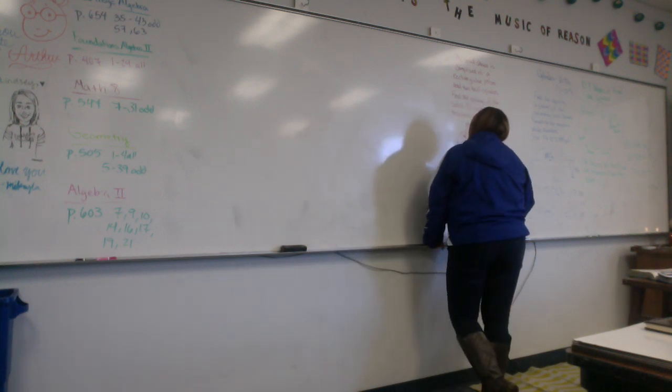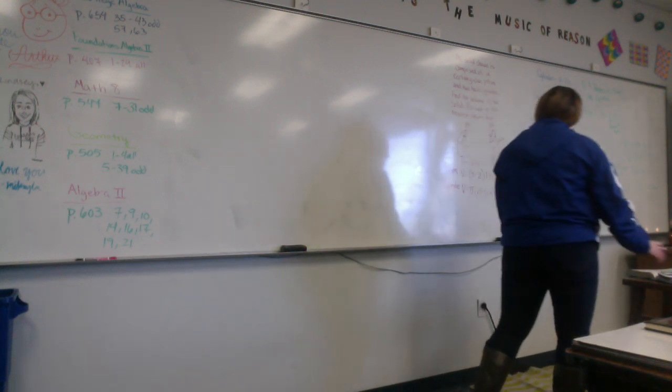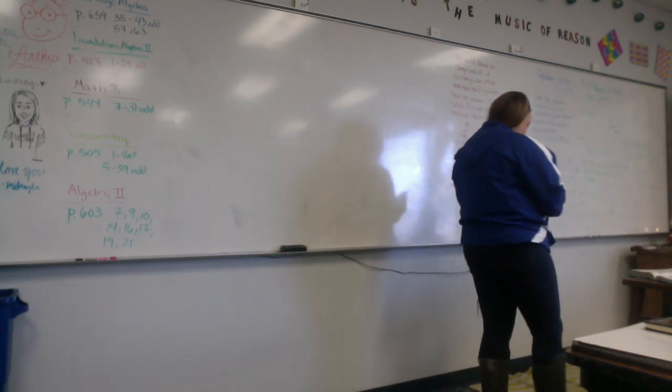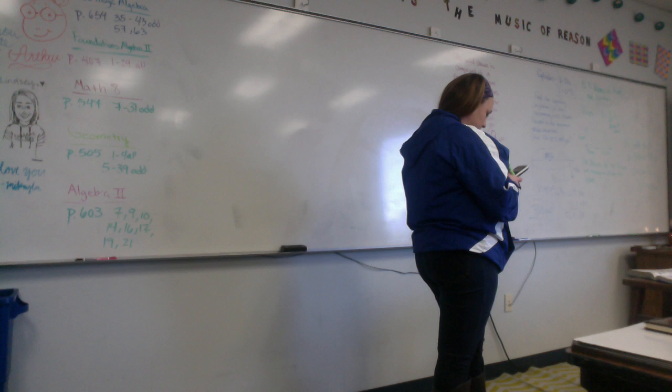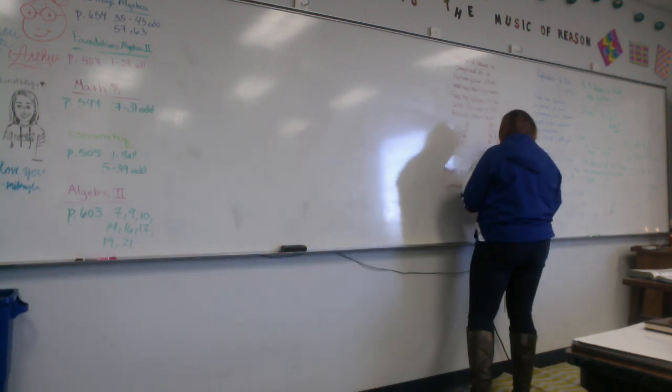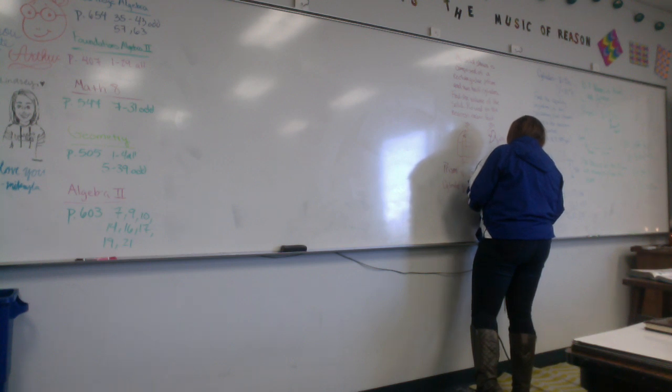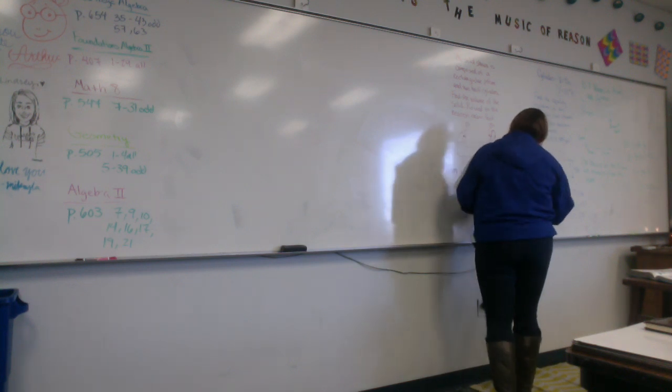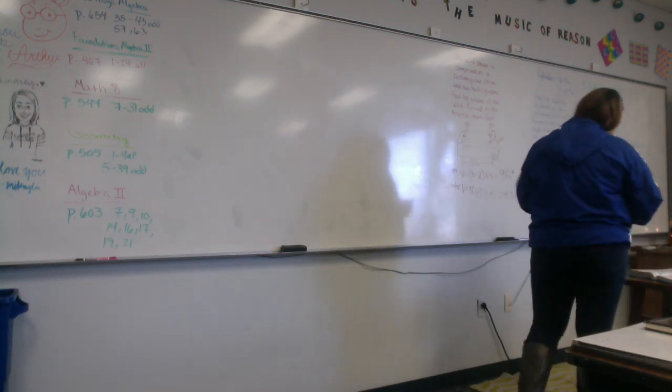Pi r squared, and then it's what? Times the height. Okay, so what's pi times 1.5 then, right? 4.7. Okay. 4.7 feet cubed. So then what do I have to do with that information? Add it to 9.